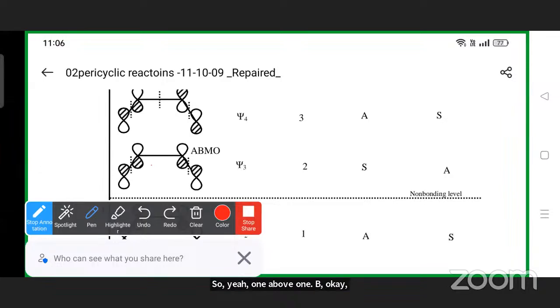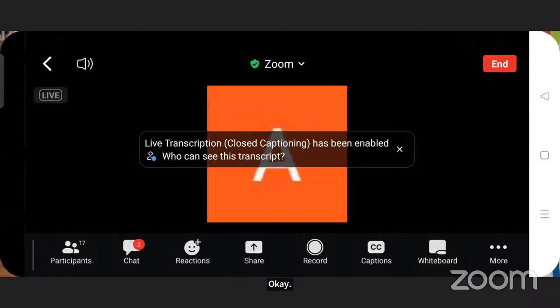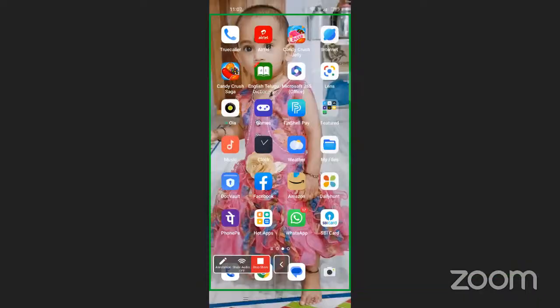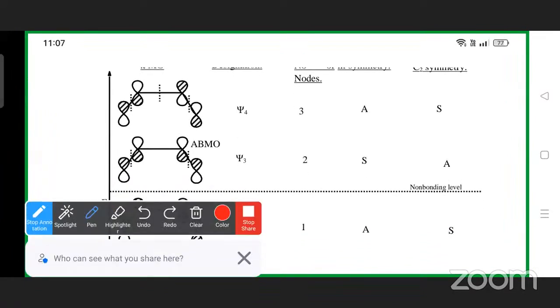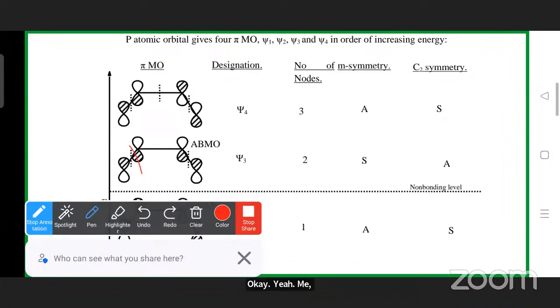Now you see, this is one lobe here, one node, and here is one node. There are two nodes.